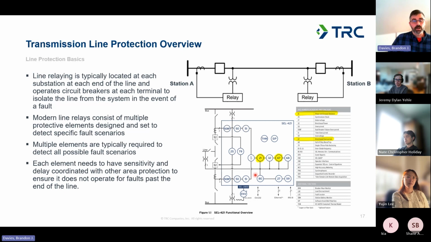So generally, we'll provide different sets of protection for ground faults, single phase to ground or 2 phase to ground faults, versus multi-phase or just phase faults, line to line or 3 phase faults, because the electrical parameters that we're going to be using are going to be different there. And for each of those elements, we need to do some evaluation to determine their sensitivity and coordination and how those fit into the rest of the protection system to make sure that we're only isolating the line when there's a problem on the line, not when there's a problem on the adjacent bus or some other line off of that bus.